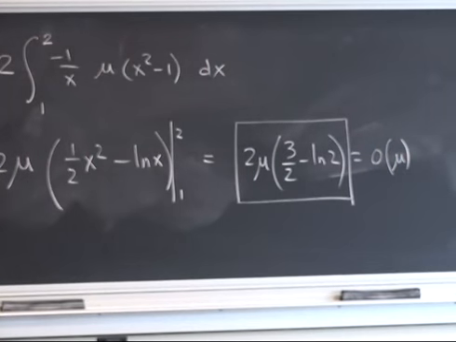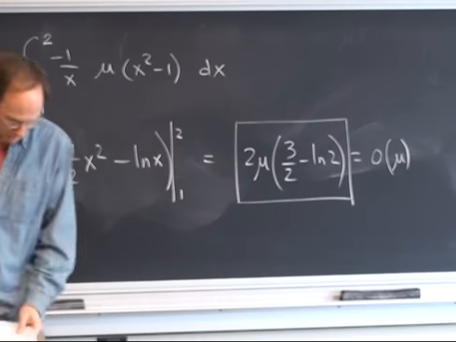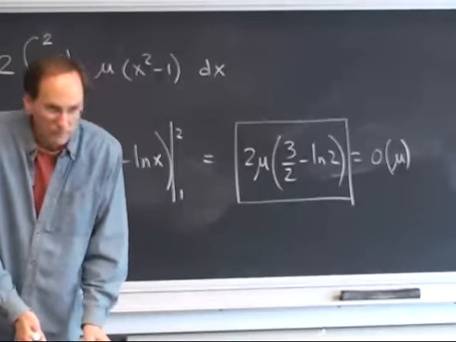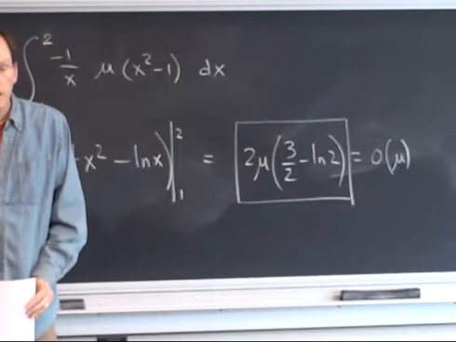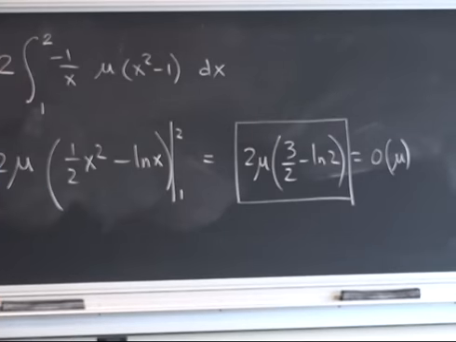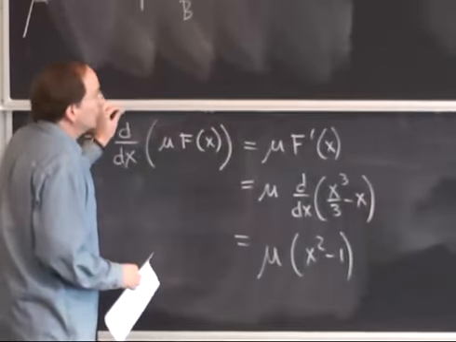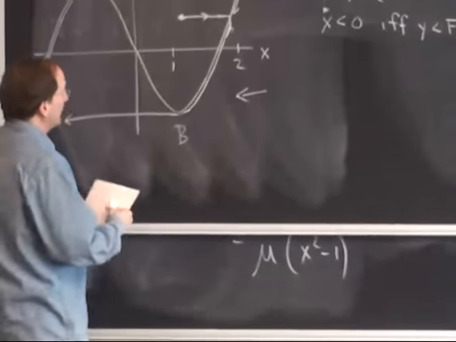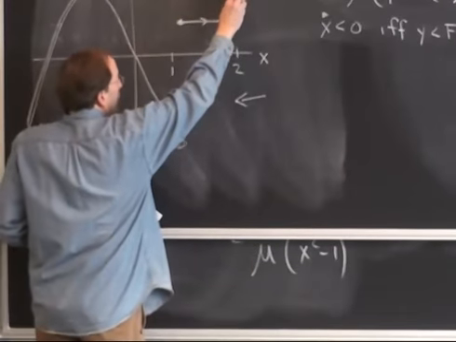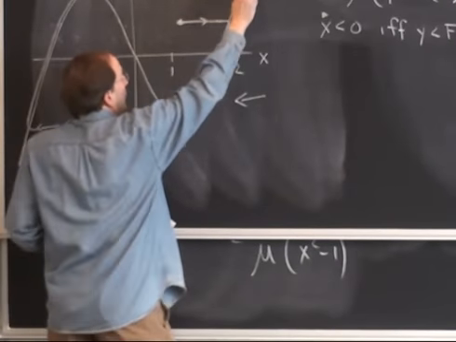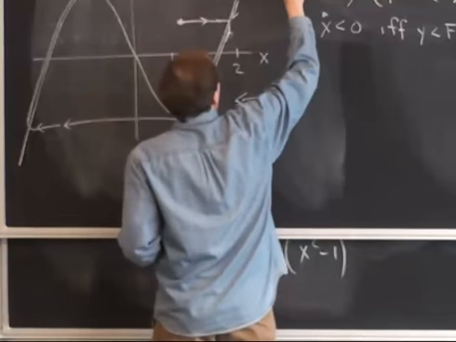So any question about this calculation? Yes? Why is W approximately mu f of x? That's the statement that we know the shape of the limit cycle. We know that the curve, this is a nullcline right here, W equals mu f of x.